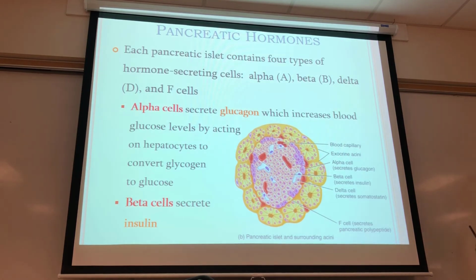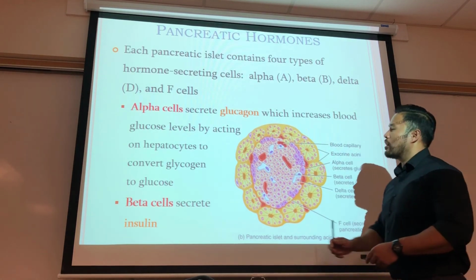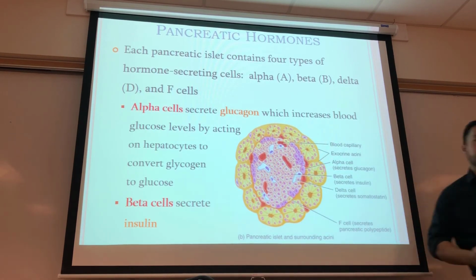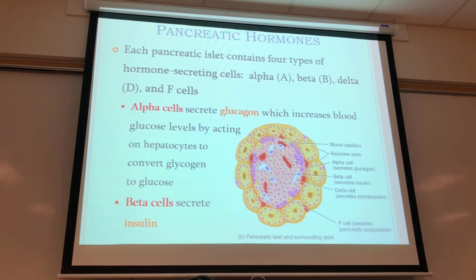The way glucagon works is it targets specifically liver cells, hepatocytes, to undergo glycogenolysis. So cells in the liver lyse your glycogen, and that starts raising glucose levels, which is what glucagon does.